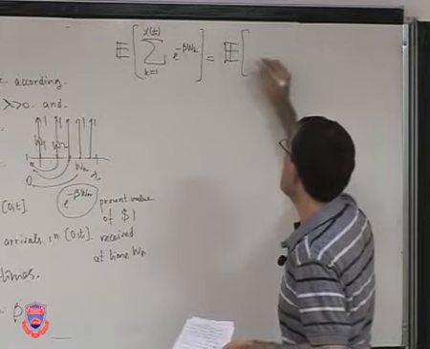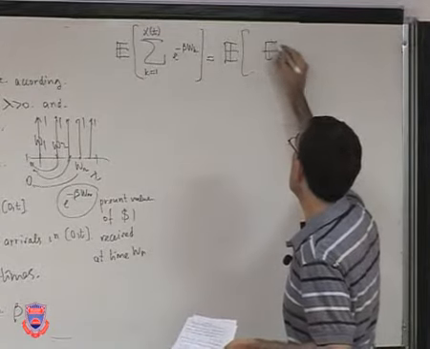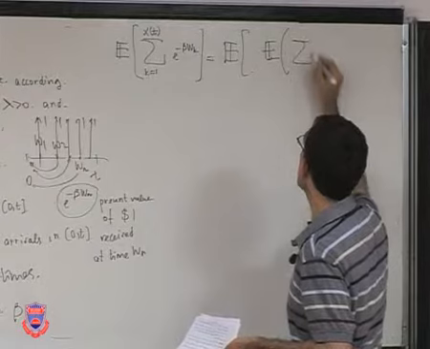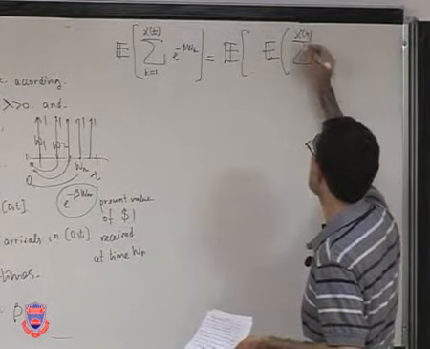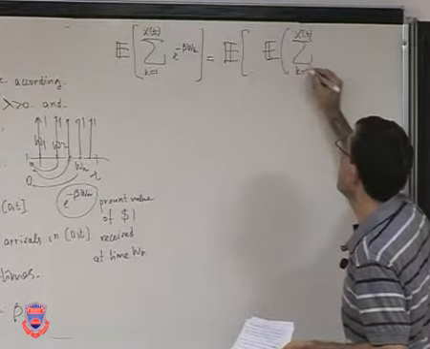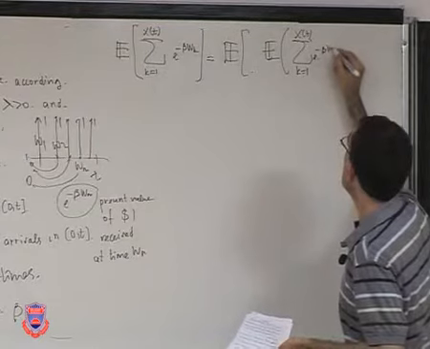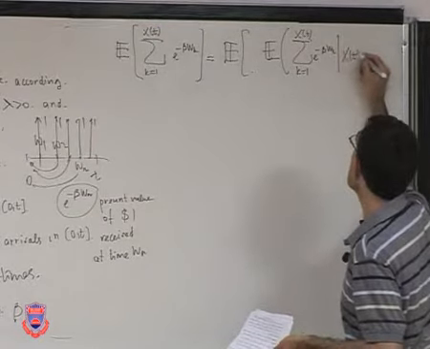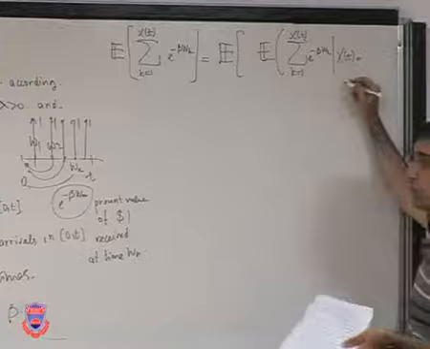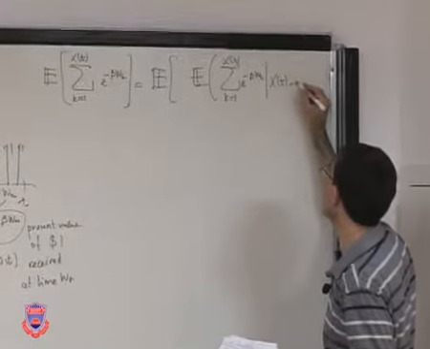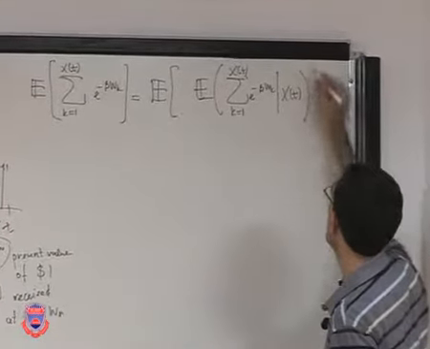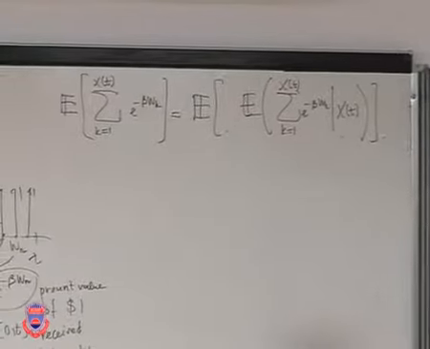So this is the expected value of the conditional expectation of the same random variable, of course, but given that xt, namely the number of arrivals until time t, equals something. Okay?